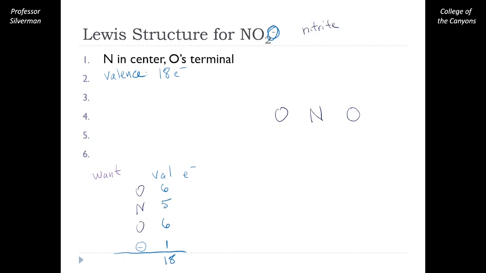Next, we can start to do our little math tricks. We can decide how many electrons we want. Oxygen wants 8, nitrogen wants 8, oxygen wants 8. We would like to have 24 electrons. Unfortunately, we only actually have 18.